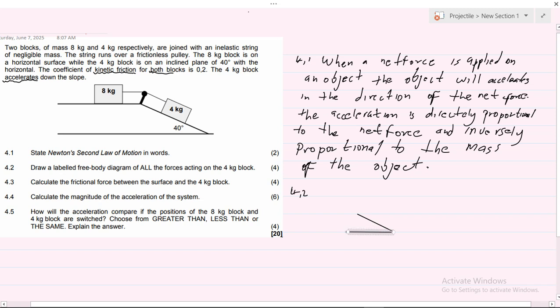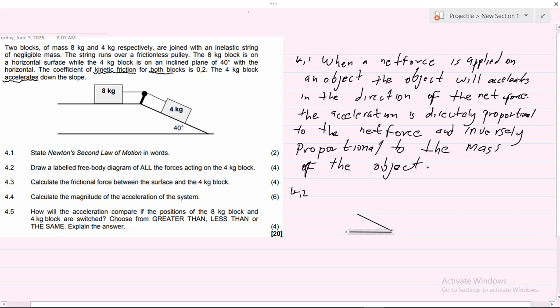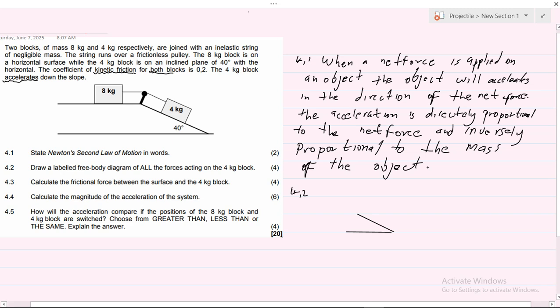This is the ground. So now I may start drawing. When we draw the free body diagram, the object is represented by a dot. So I need a dot here.